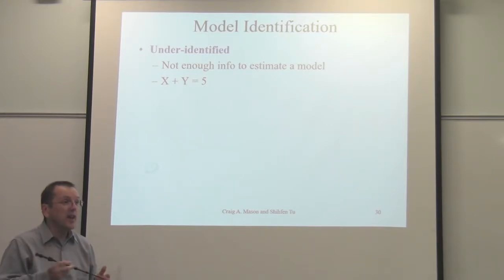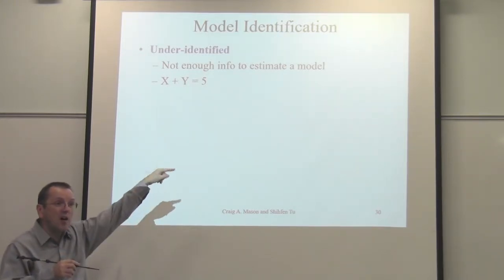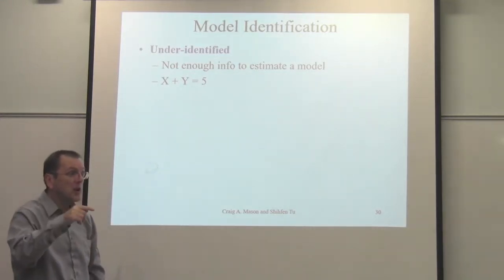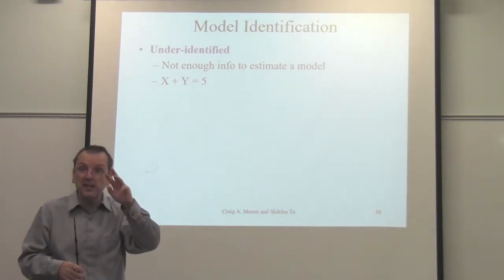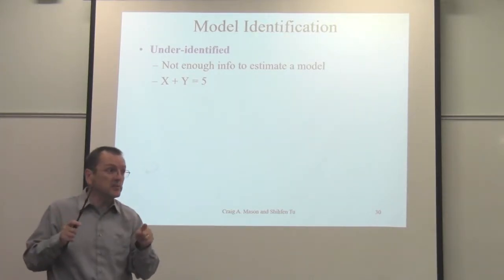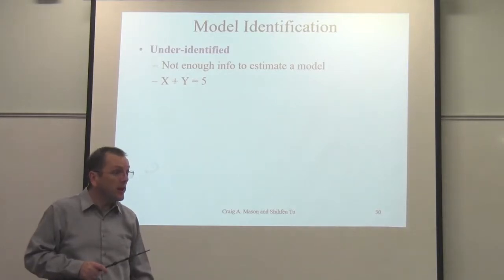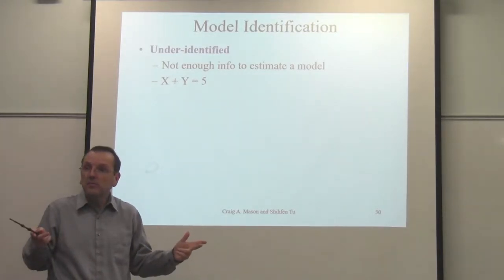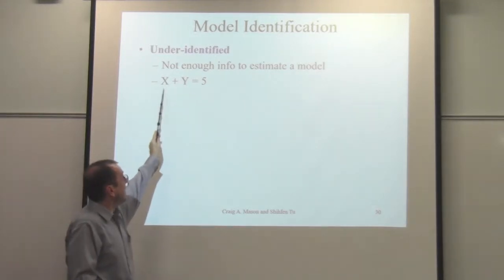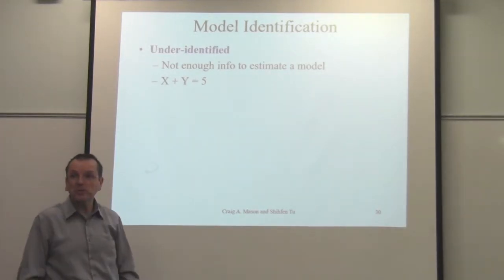Remember, how did we solve those? When we solved the coefficients by hand, those paths, we had those 3, A, B, and C, and we needed 3 correlations to be able to go back and solve them. What if I only gave you 2 correlations? You can't solve it. So an under-identified model is kind of like saying x plus y equals 5.